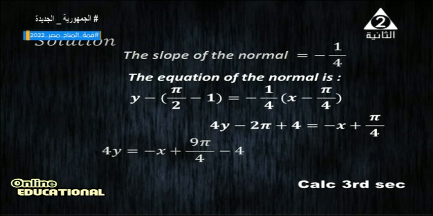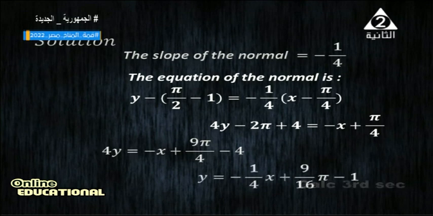Then 4y equals negative x plus 9 pi over 4 minus 4. And we can divide both sides by 4. Then y equals negative quarter x plus 9 over 16 pi minus 1, which is the equation of the normal at the point (pi over 4, pi over 2 minus 1).